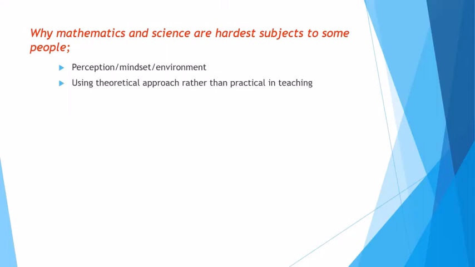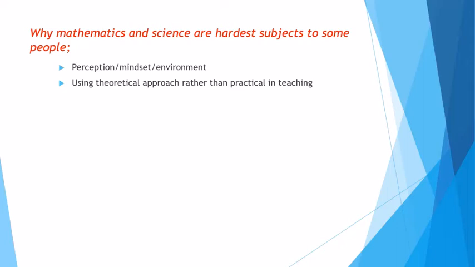Number 2 is using a theoretical approach rather than practical in teaching. You understand that in many schools, because they don't have enough resources, they focus too much on the theoretical part, but they do not teach students much to do with practical.